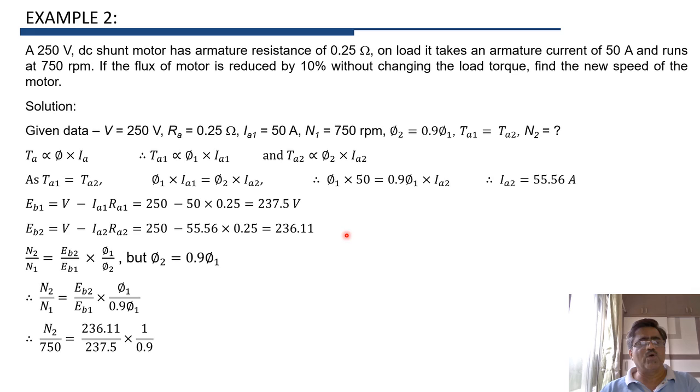So solving for N2, we get N2 is equal to 828.46 rpm. Means the speed of motor will increase from 750 rpm to 828.46 rpm if the flux is reduced by 10%, keeping load torque constant.